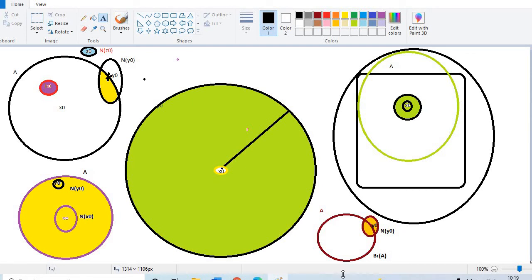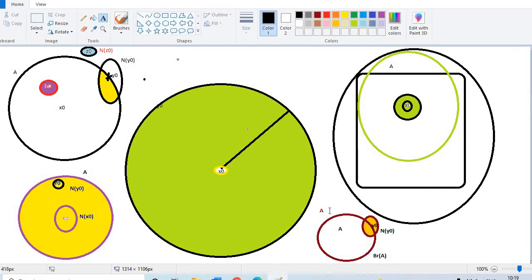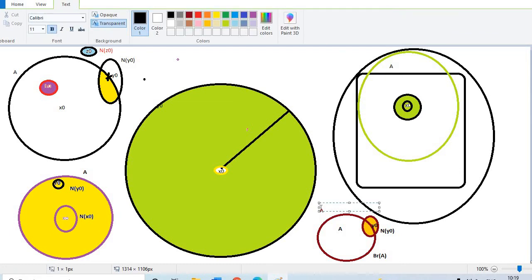Okay, so that neighborhood contains points from A and A bar. So this is A, and this is outside, this one A bar.